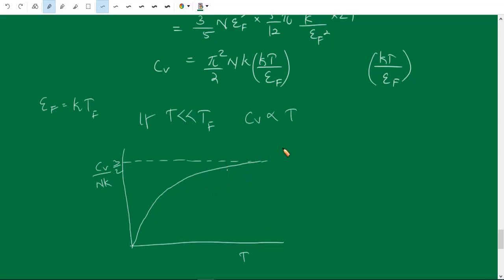So from the asymptotic expression of the specific heat, we have seen that the specific heat of the gas decreases monotonically, and at a high temperature the specific heat is 3 by 2 Nk, and at 0 temperature the specific heat of the gas is 0. And from this expression, since we have neglected the higher order terms, this is directly proportional to temperature. So we can draw the graph like this.